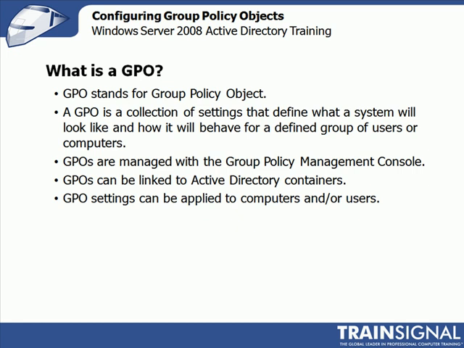Once we have a bunch of settings, we then link that group of settings to a container, and then it will affect all of the users and or computers in that container. The last thing I have here is that GPO settings can be applied to either computers and or users. And when we take a look at an actual GPO, you will see how there is a computer section and there is a user section.